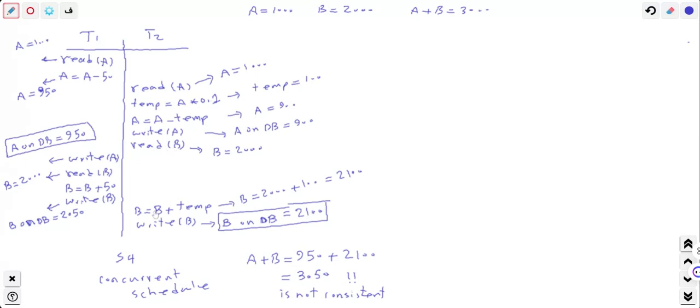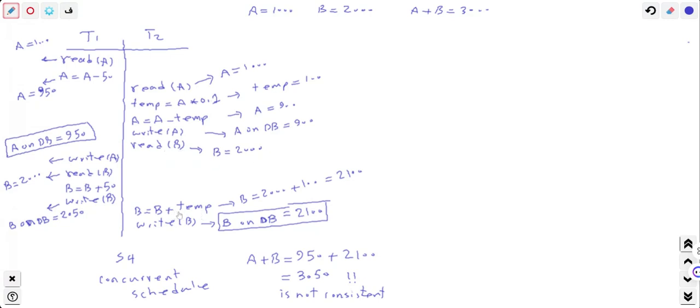T2 does not know that between these two operations, between reading B and changing B, a transaction changes the value of B. T2 assumes that no transaction changes the value of B. So if it worked with the value that it read before, it read B and B is 2000.